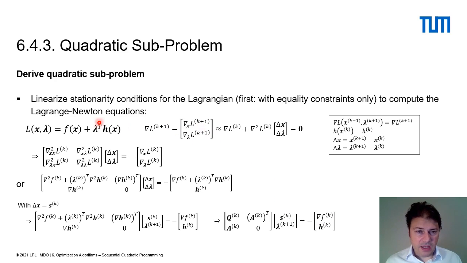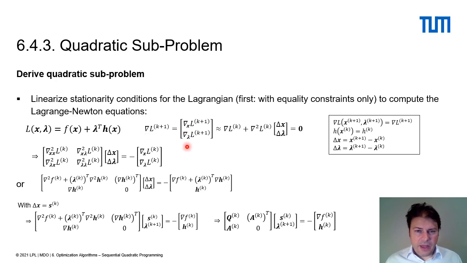So if you take the Lagrangian function, and we formulate it here only using equality constraints, but you can think of this as the equality constraints that also include the active inequality constraints, which can be treated here as equality constraints.